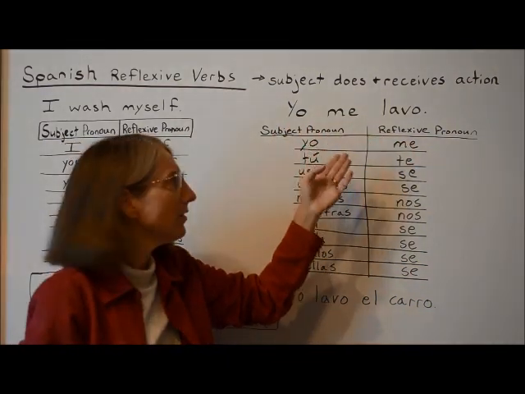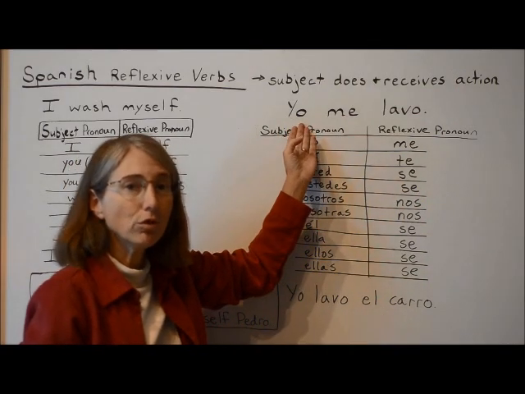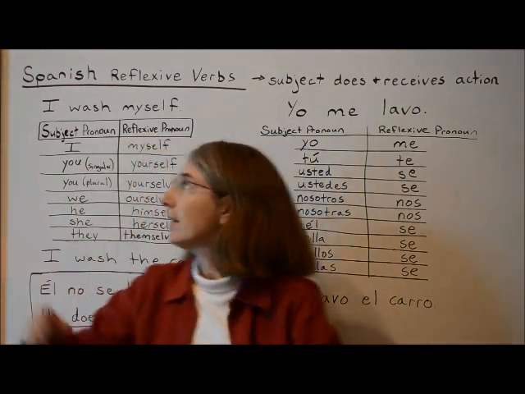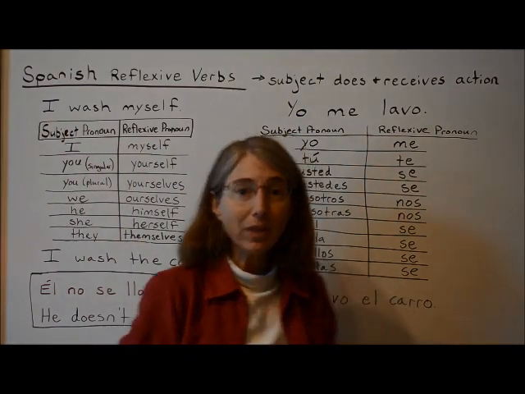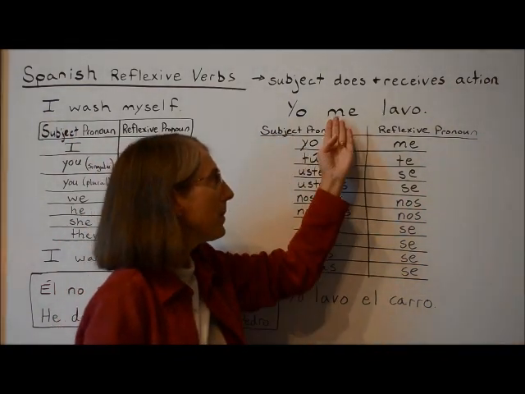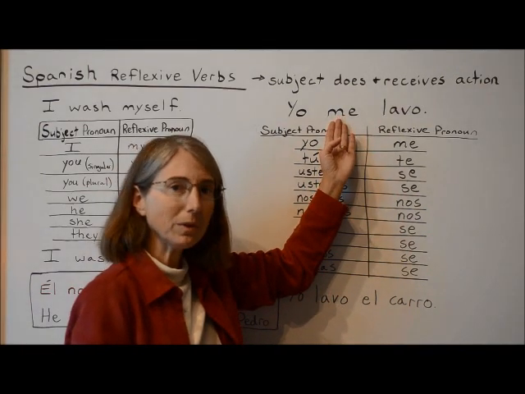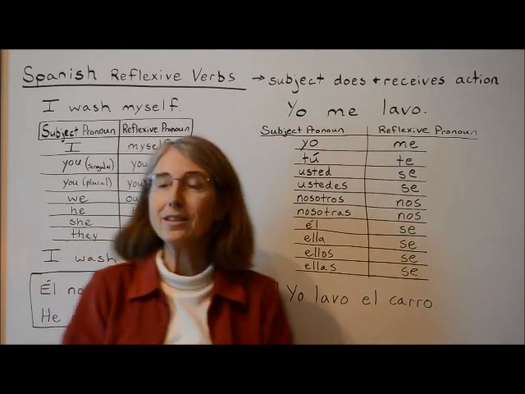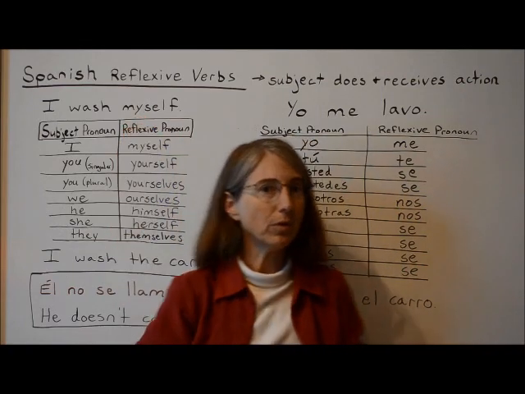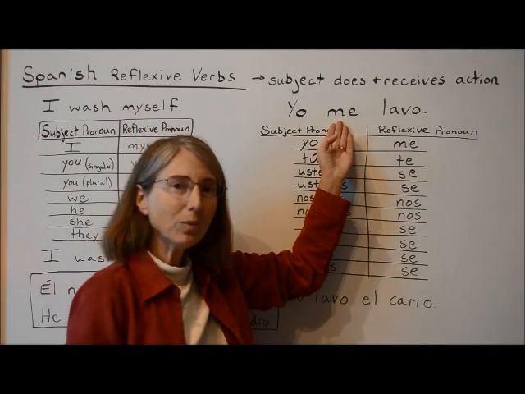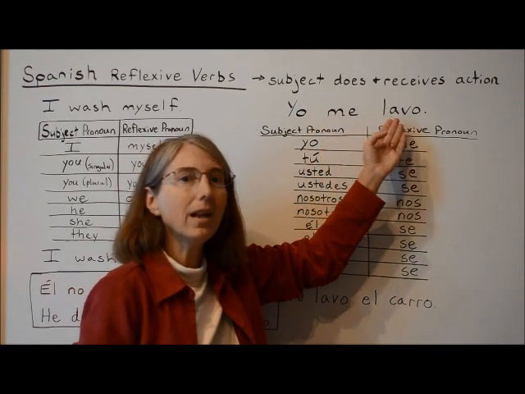We have the subject pronoun yo, just like in English, I, but the reflexive pronoun me comes before the verb in Spanish. In English, the reflexive pronoun comes after the verb, myself. In Spanish, we have the reflexive pronoun me and then lavo.